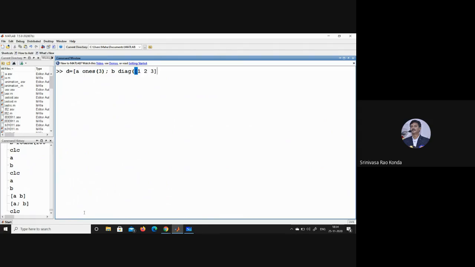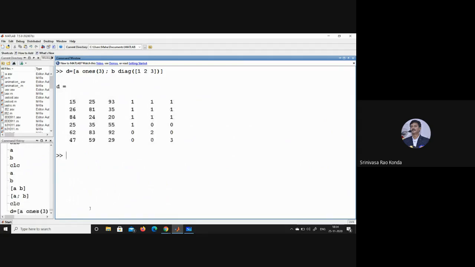I think now you can guess the answer. A, this 3 by 3 matrix. B, ones of 3. B, this is the matrix B. This is a diagonal matrix whose diagonal elements are 1. Okay.